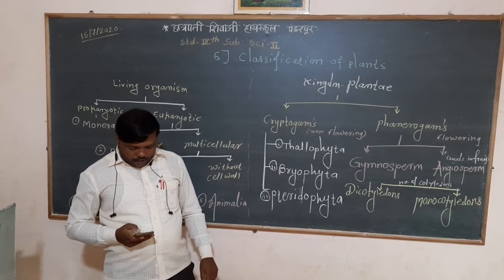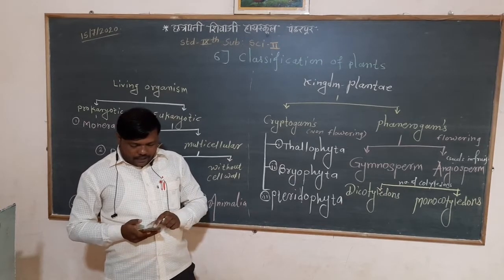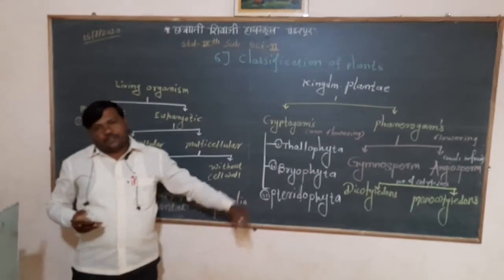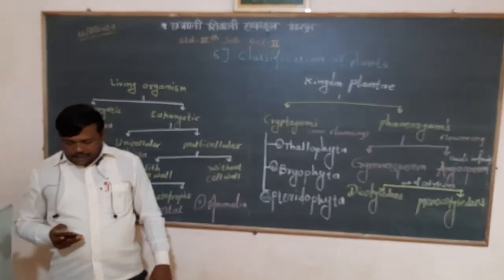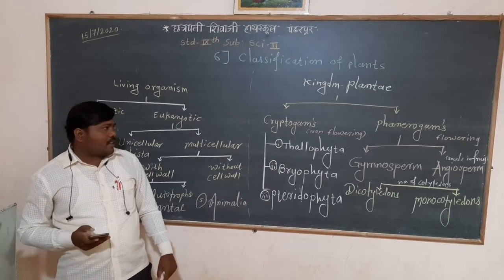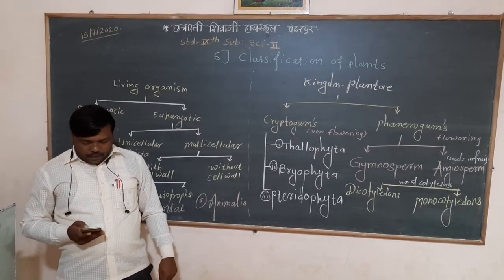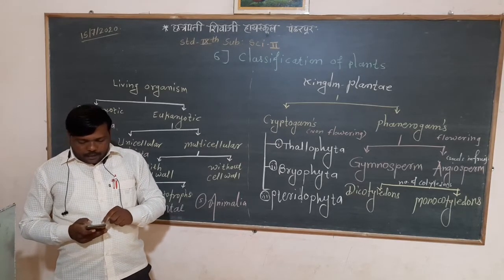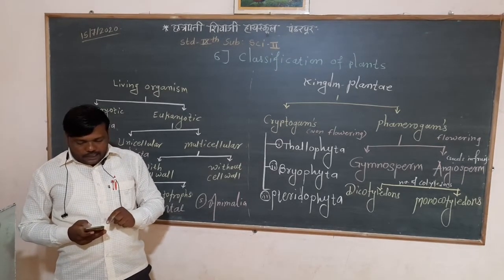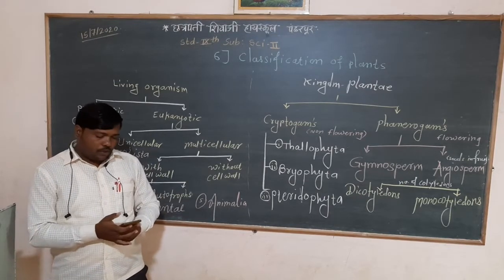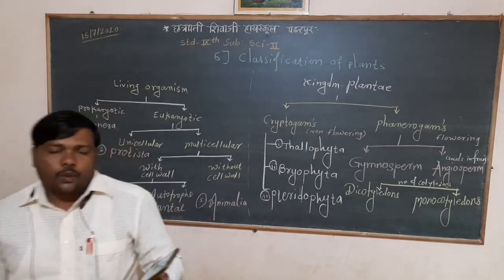The organisms present in the Thallophyta grow mainly in water sources, and this group of plants does not have specific parts like root and stem. Generally one of them is the algae, and we look at the different members of this group with the diagram.